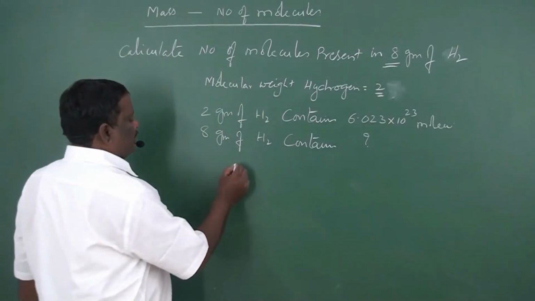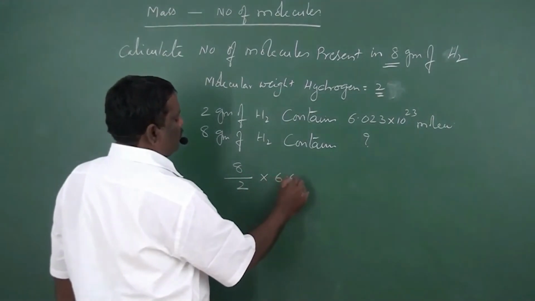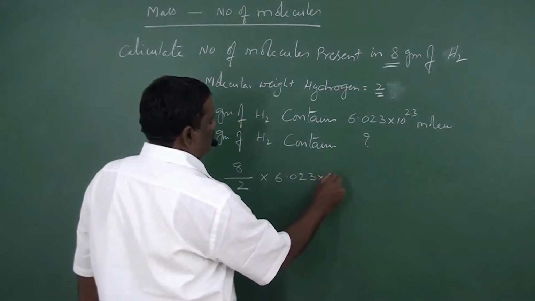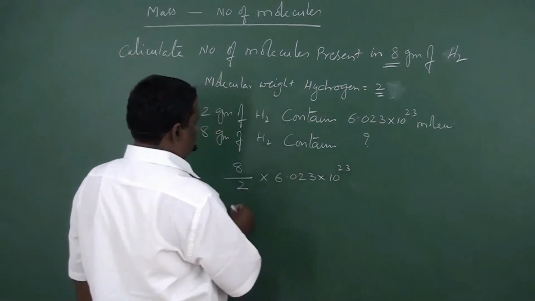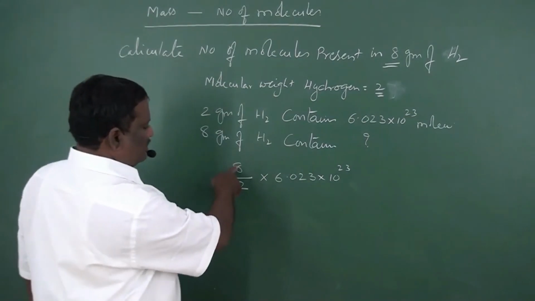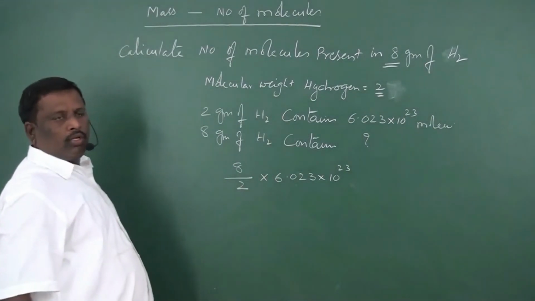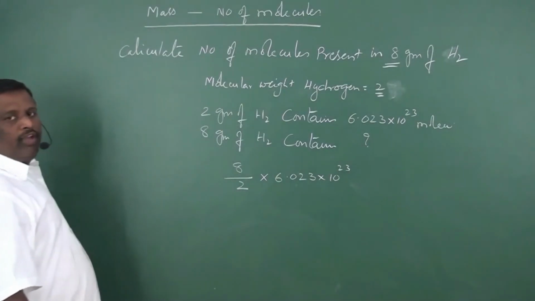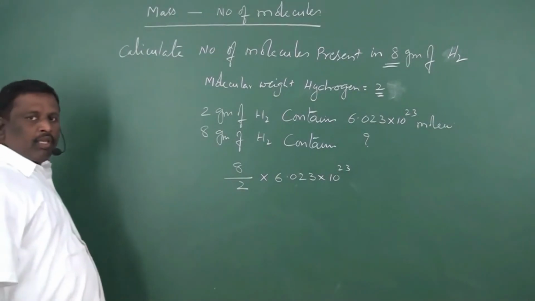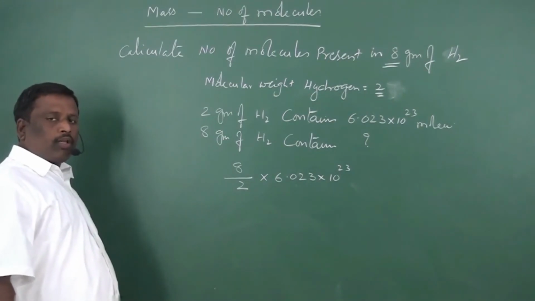So 8 by 2 into 6.023 into 10 to the power 23. So remember the formula. This is the weight of the substance, this is the gram molecular weight, and this is the Avogadro number.